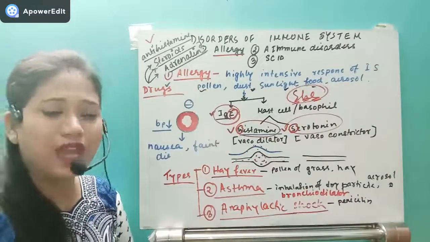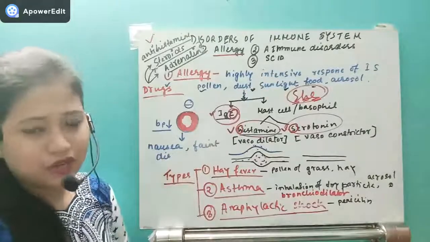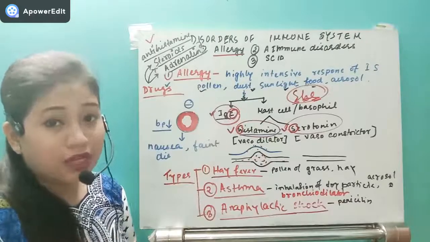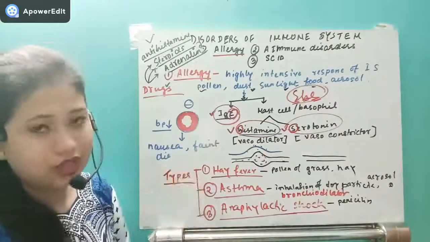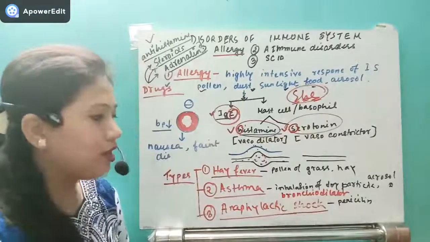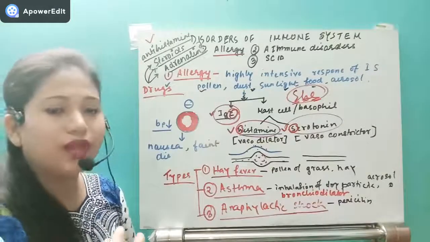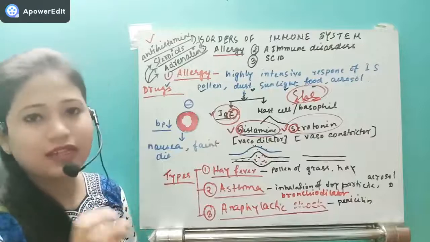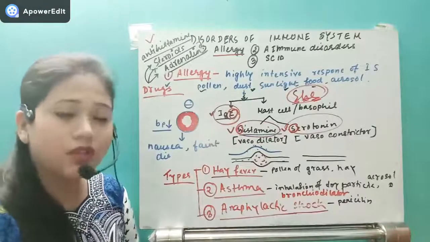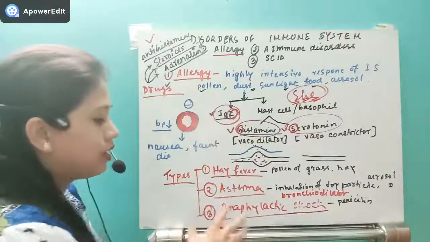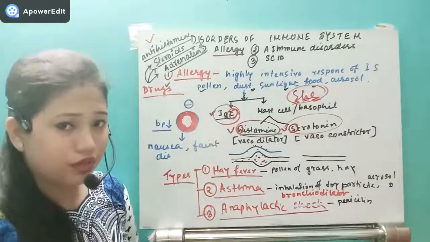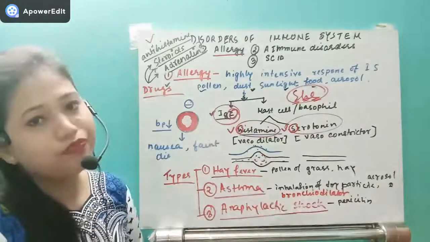If an individual takes antihistamine or adrenaline, he will not be able to get relief from the asthmatic attack. He specifically has to take a bronchodilator, which dilates the bronchioles and increases the air passage, and this way the asthmatic attack can be relieved to a certain extent.